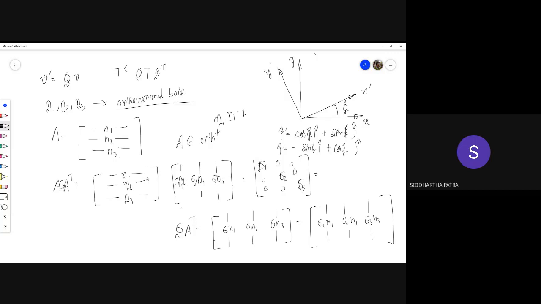Okay. So now if I write A equals cos phi, sine phi, minus sine phi, cos phi. Okay. Let's see what it does.